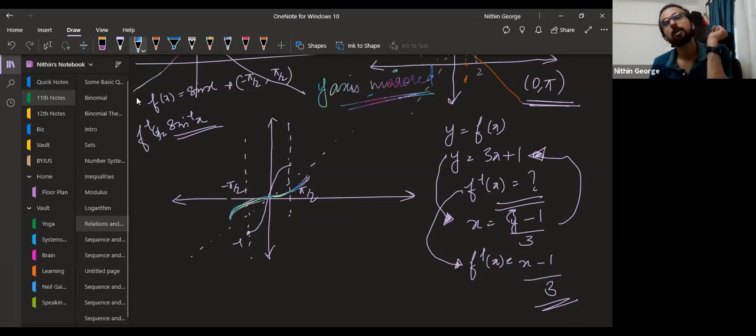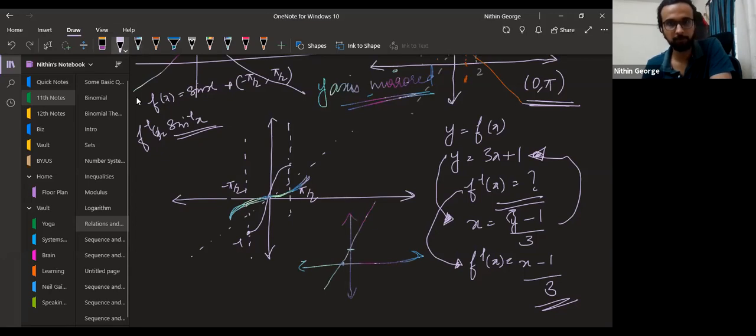For another example, let's look at the line y equal to 3x plus 1, right? Put x equal to 0, you get y equal to 1. Put y equal to 0, you get x equal to minus 1 by 3. You get this?